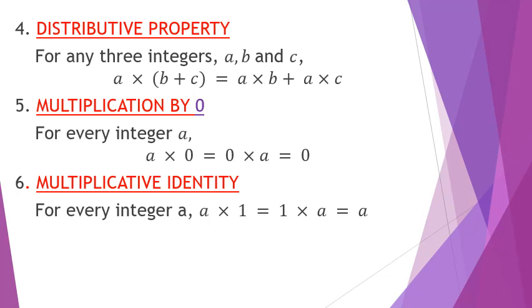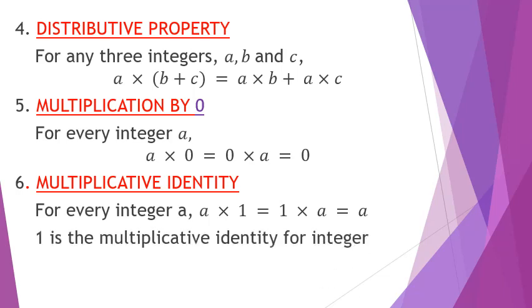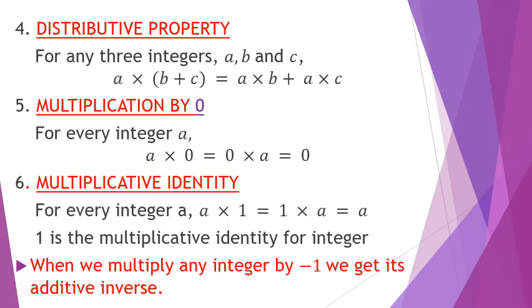So we can say that 1 is the multiplicative identity. In general, for every integer a, a into 1 equals 1 into a equals a. When we multiply any integer by minus 1, we get its additive inverse.